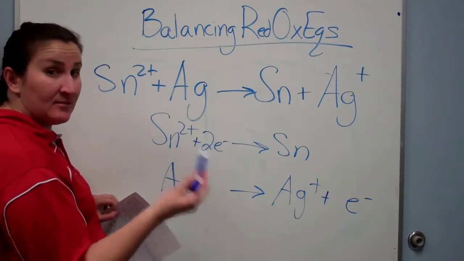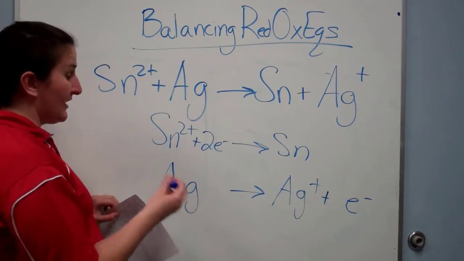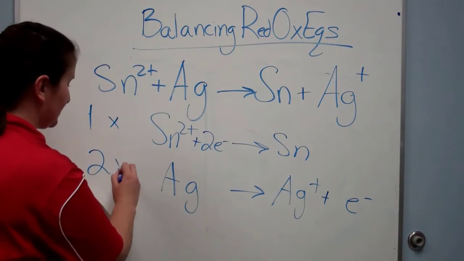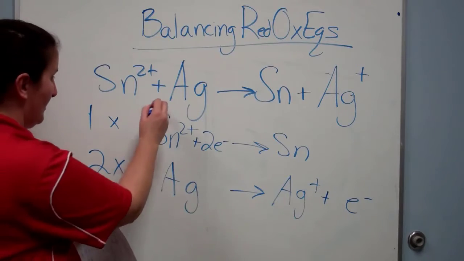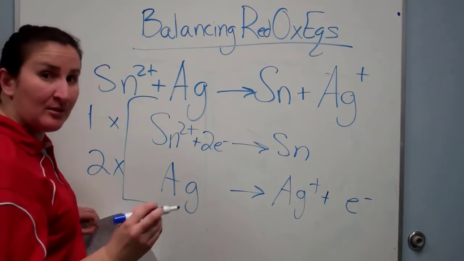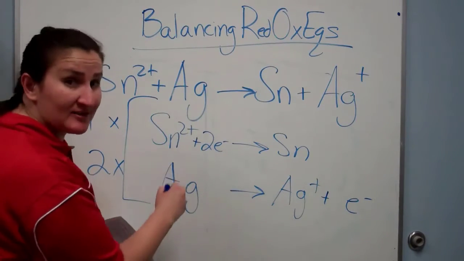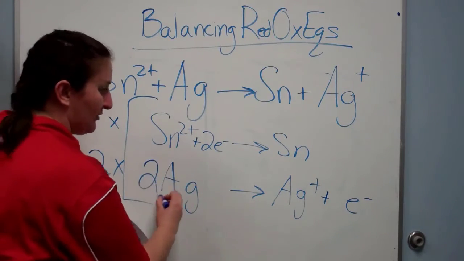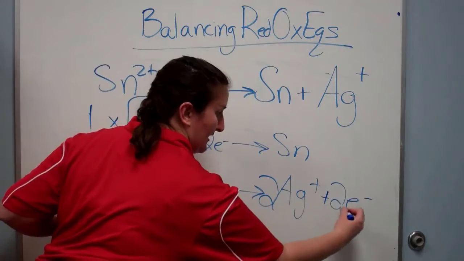And how I balance them is my lowest common multiple. Meaning, if I multiply this whole equation by 1 and multiply this equation by 2, now I can have the same number of electrons being transferred across the two half reactions. So this will stay the same. Here I need to multiply everything by 2.